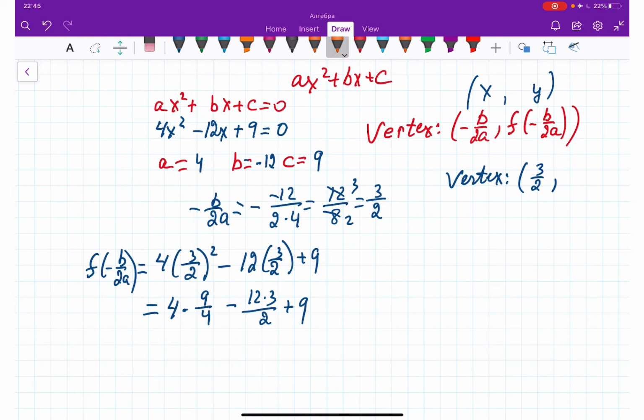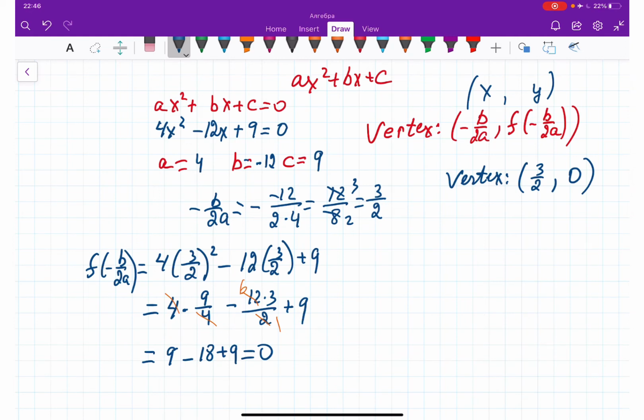Now this 4 I can cancel with this 4. And then 12 and 2 is 6. And we are getting 9 minus 6 times 3 is 18, plus 9. We are getting 0. So this is going to be 0.